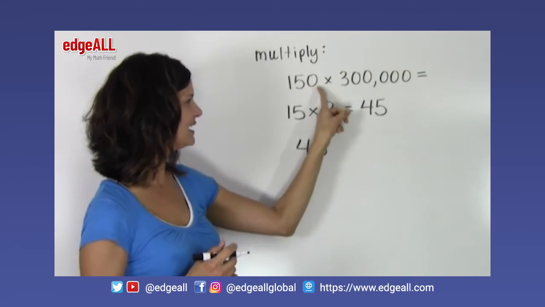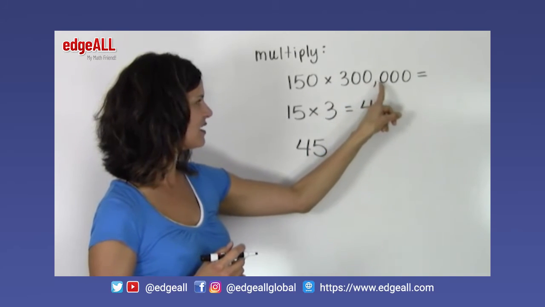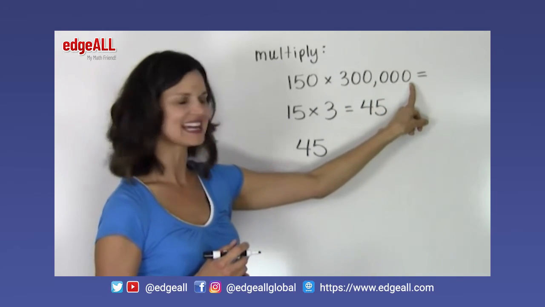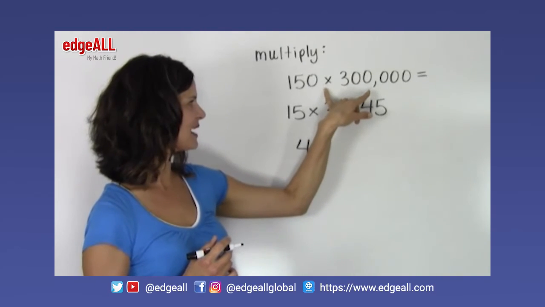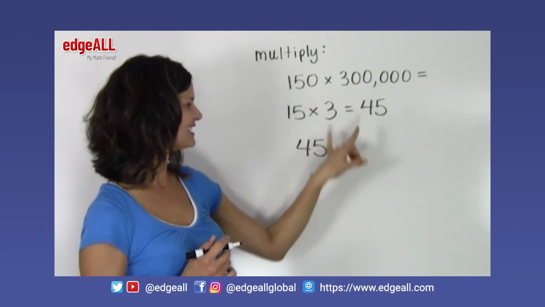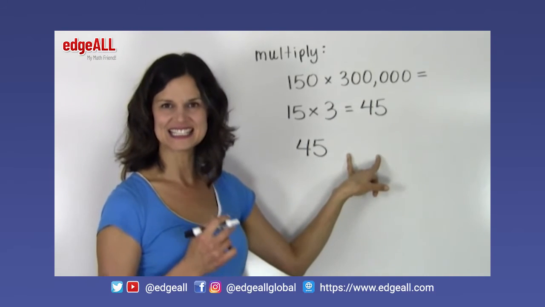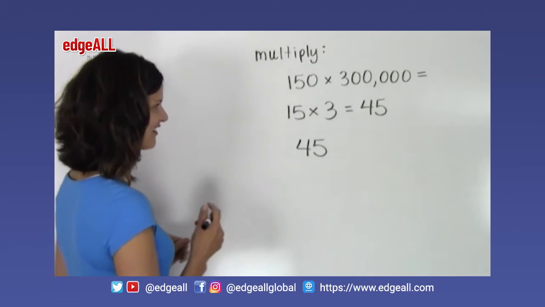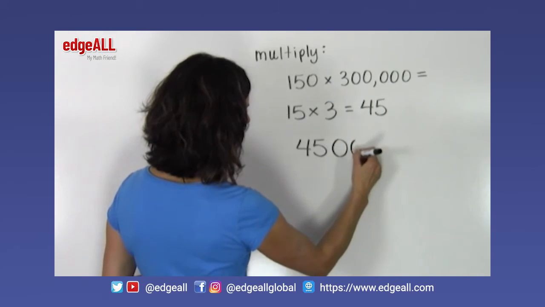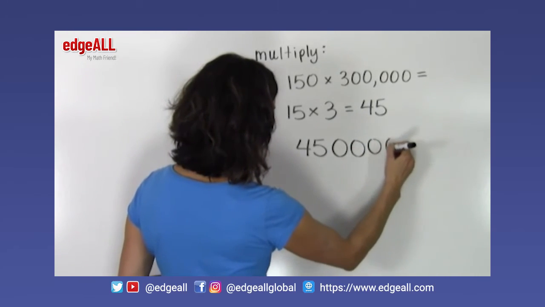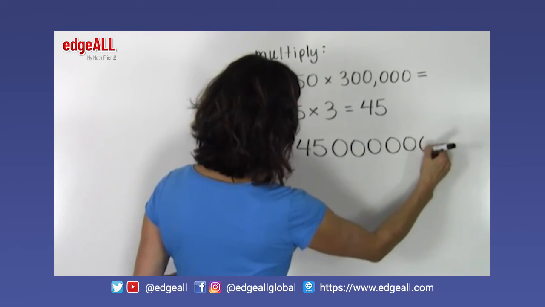So 1, 2, 3, 4, 5, 6. There are 6 zeros at the ends of my numbers here, and I simply add 6 zeros to the product of 15 times 3, which is 45. So 1, 2, 3, 4, 5, and 6.